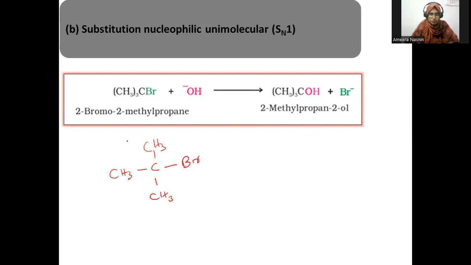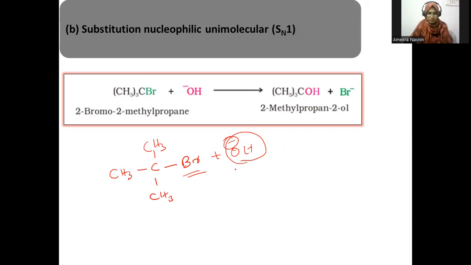The condensed formula is written here. This reacts with the nucleophile, and we get a product in which this Br group is substituted with OH. We are getting an alcohol.